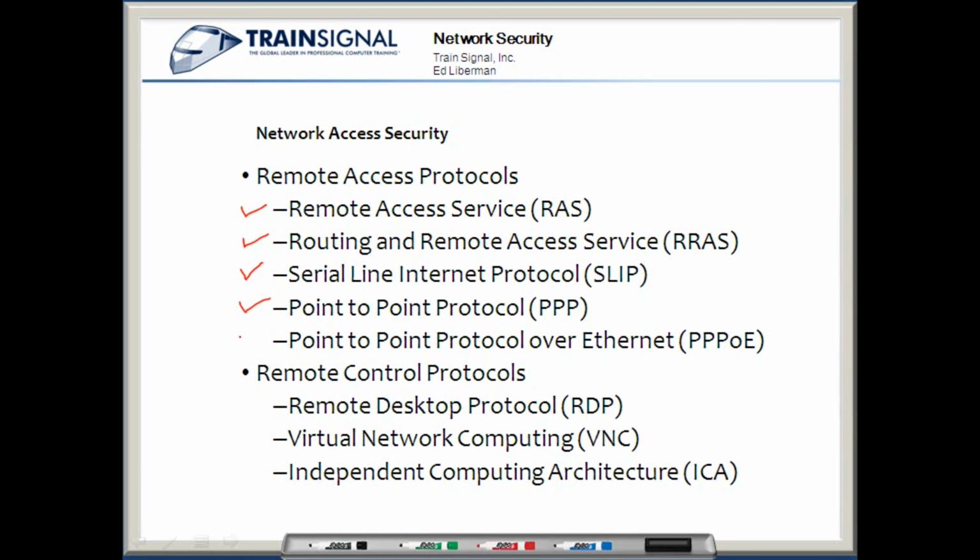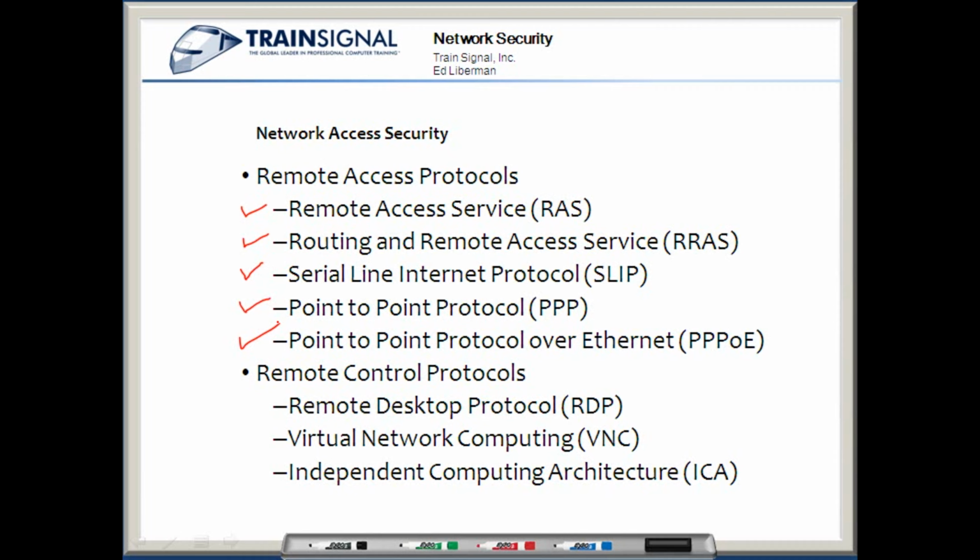But next on the list here, we have PPPoE, which is the point-to-point protocol over Ethernet. And this is a protocol that's used to allow multiple network users on an Ethernet network to connect to a remote site through a single device, like a DSL or cable modem.